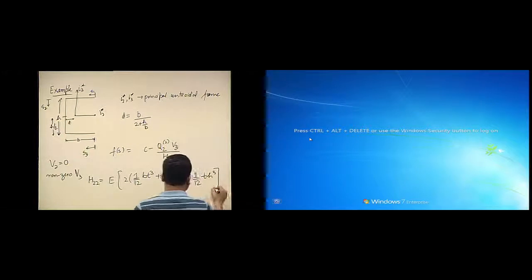For this section, H22 becomes E times 2 times 1 over 12 b t cube plus b t times h over 2 squared, plus 1 over 12 t h cube.